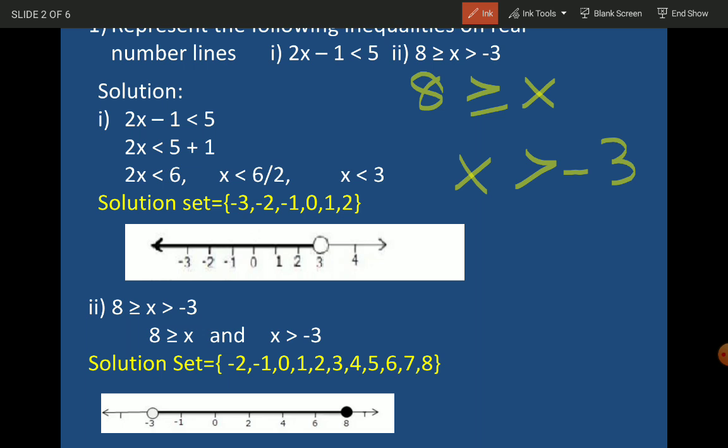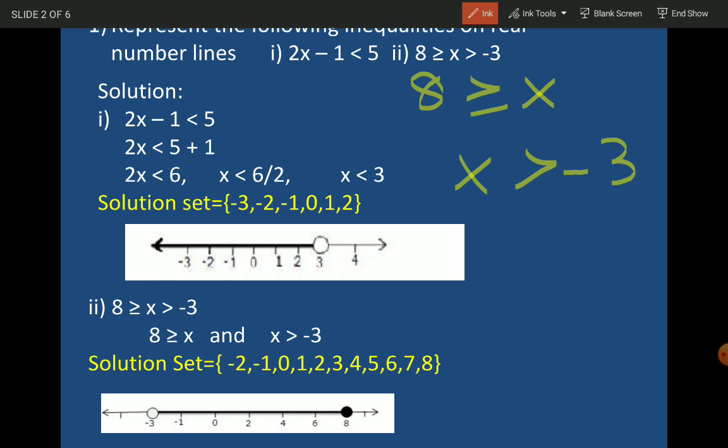The numbers greater than minus 3 are minus 2, minus 1, 0, 1, 2, 3, 4, 5, 6, 7, 8. Up to 8 we have to stop, because the sum has another condition, greater than or equal to 8. So up to 8 we have to stop.